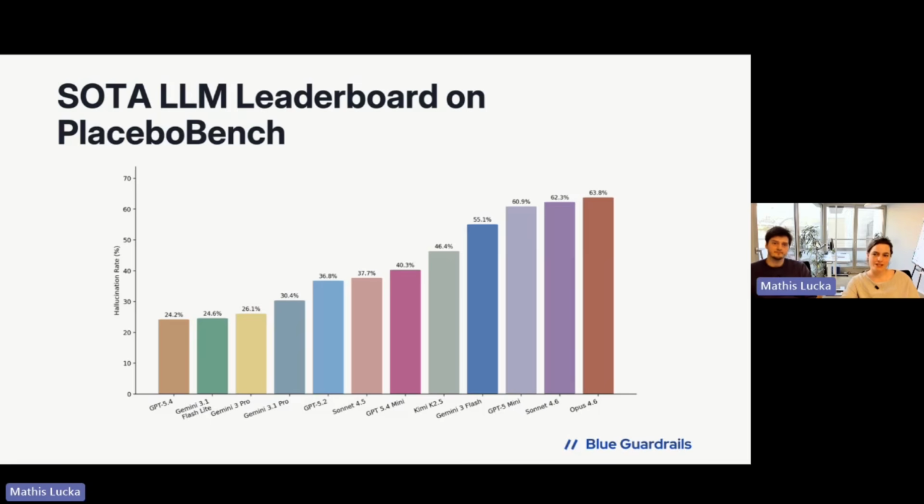Especially surprising to us really was how badly the new Sonnet and the new Opus models performed. We were almost disappointed in that, actually. They rank very high in general leaderboards and especially in coding leaderboards. They're very famous. But what we noticed, and that's very peculiar about the use case we tested, is they had a very strong tendency to apply their own world knowledge, which we did not want.